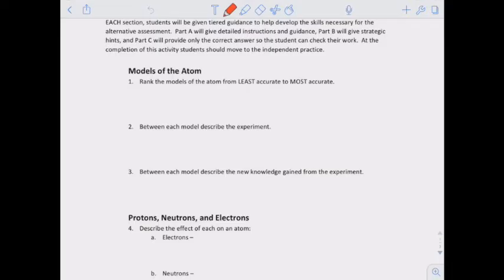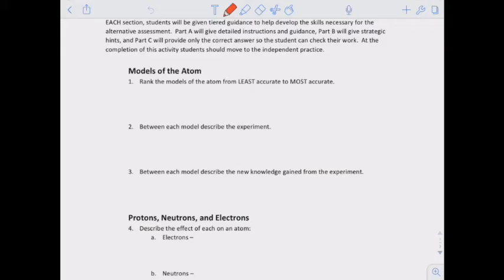So when we're looking at these, the main ones are going to be the first one, which is Dalton. Dalton was the first theory that was empirically tested, least accurate. Moving on from there, we have J.J. Thomson, which discovered the electron and became a little bit more accurate.